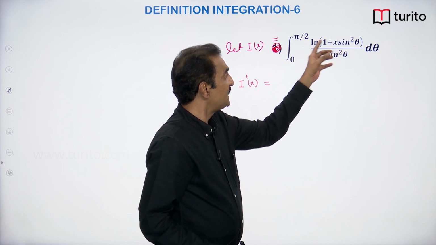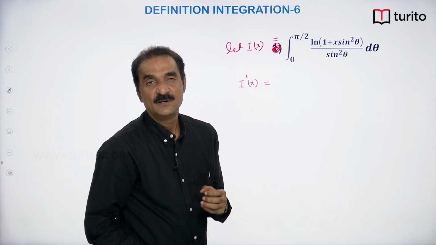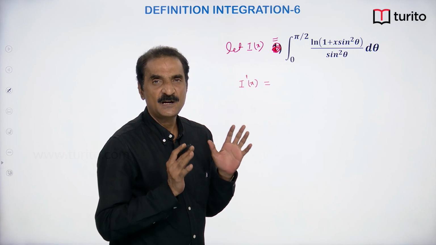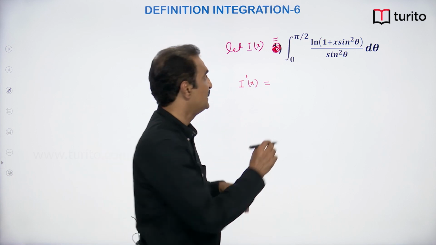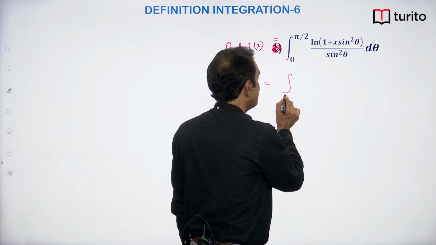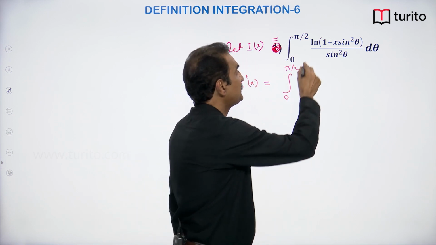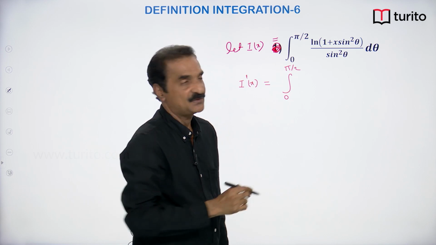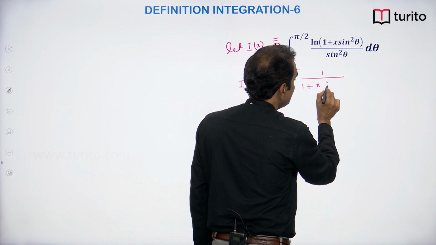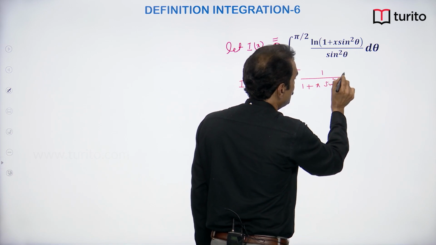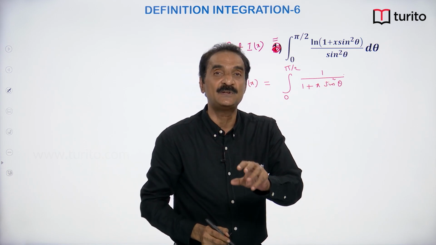here this integration is with respect to theta, but x is an independent parameter. So we will keep the definite integral and terms of theta the same, and differentiate with respect to x only. So we will write the integral as it is, then differentiate. Derivative of log t is 1 by t, so we get 1 by (1 plus x sin square theta) into the derivative of 1 plus x sin square theta with respect to x.